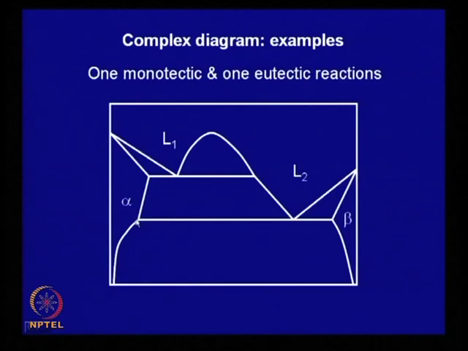Similarly, you can say these are the solvus lines, this is the solvus line, and these are the two phase regions. So, this region is alpha plus beta, this region is alpha plus L2, this is L2 plus beta.